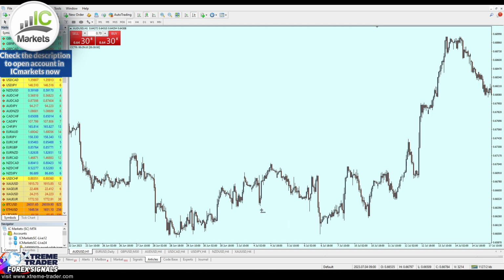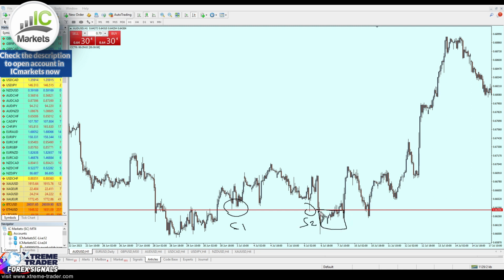So right here we also have attempt number 1 of the support number 2, and then we had here the fake breakout from that level. Right here we can see that after the bearish breakout, the market failed to create a new resistance, and right here we can see now the support number 1, and right here support number 2. So again, support number 1, support number 2.